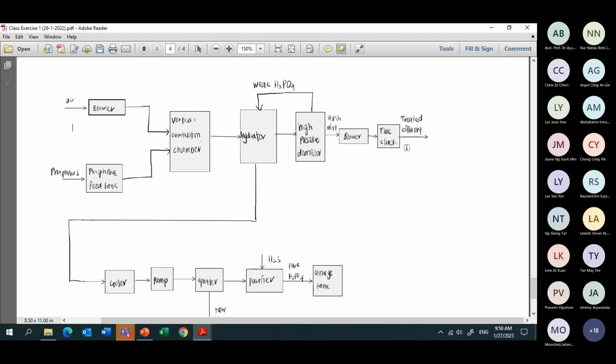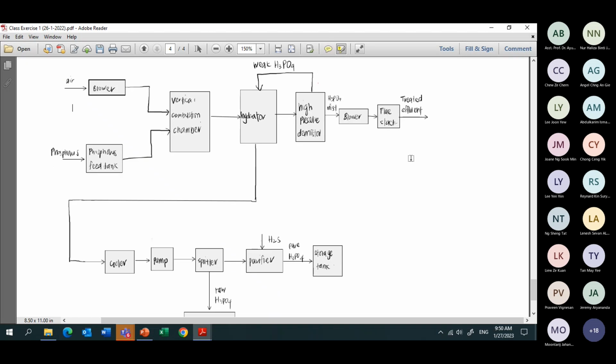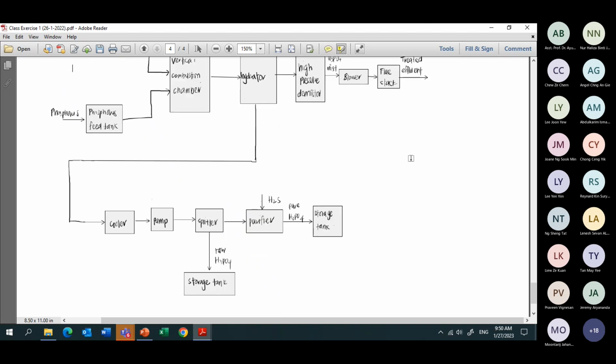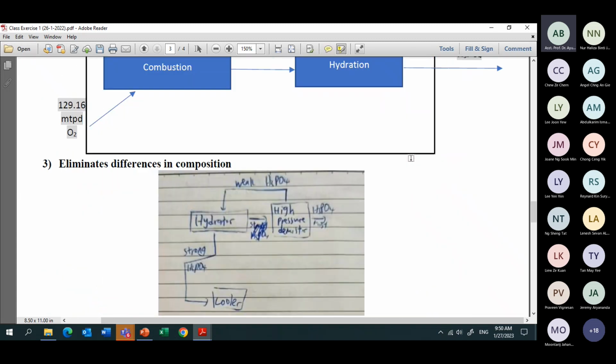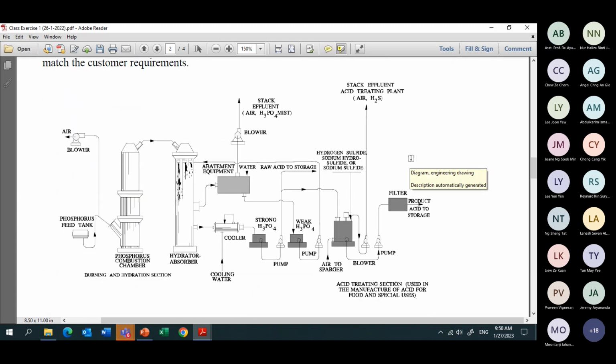Yes. From the initial diagram, just now from combustion. Okay, so to increase velocity lah.